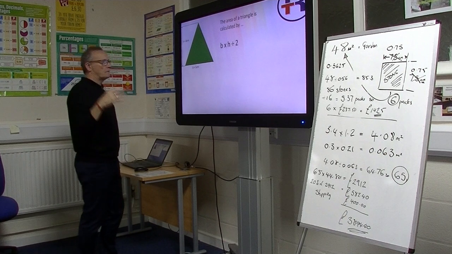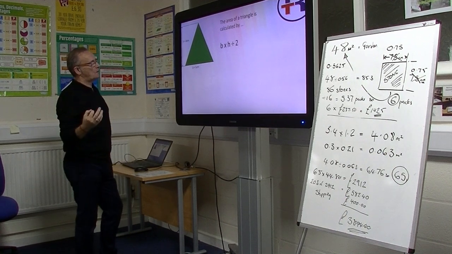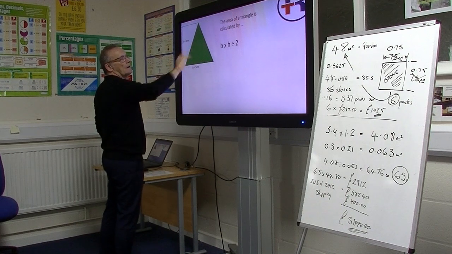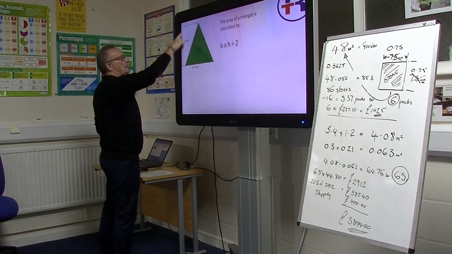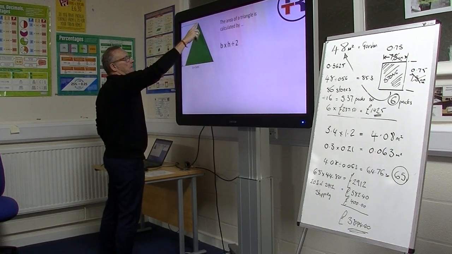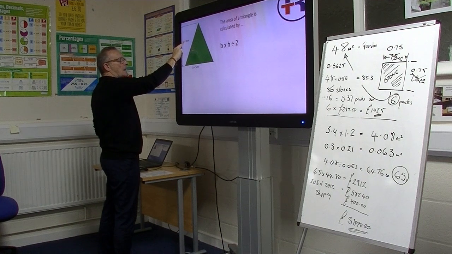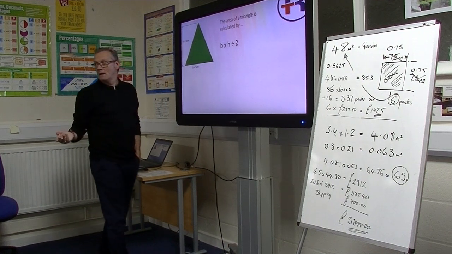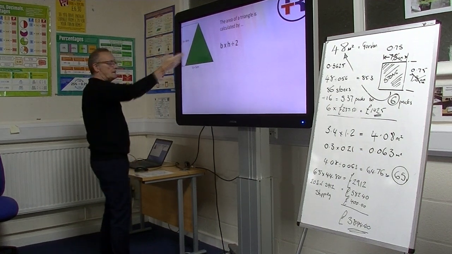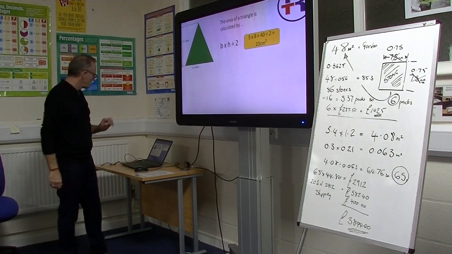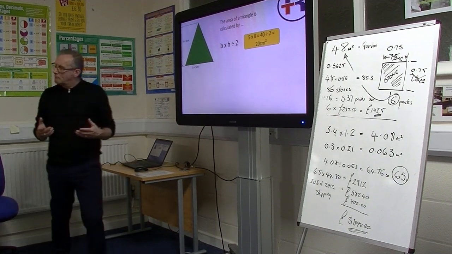Some exam questions, some questions on functional skills, will give you a measurement here. Ignore it. That's not the measurement you need. Okay? So in this instance, base 5 times height 8, 5 eights are 40, divided by 2, 20. Okay? 20 square centimetres. That makes sense.